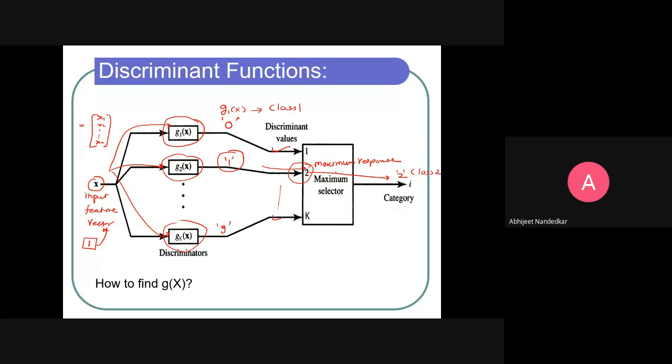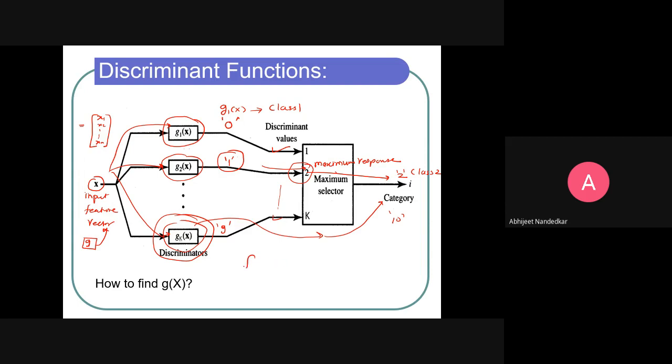Now suppose I apply here digit 9, then you expect that g10x will produce maximum response, and you will declare its index 10 as the category. So what is the idea?